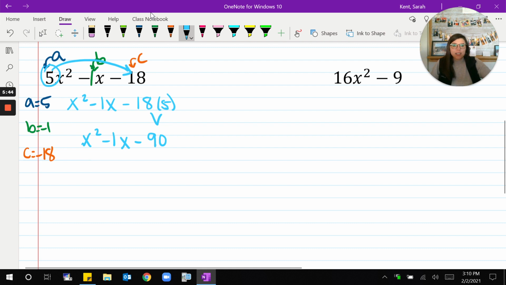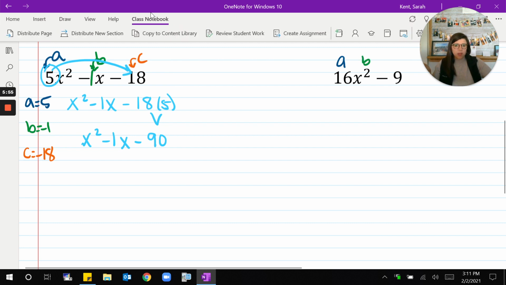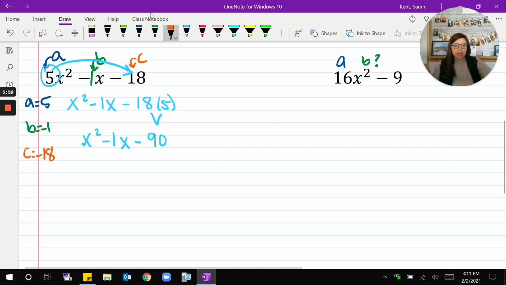All right, and then our last one, we want to look first for A, and then if we look, there is no B. I'm going to go B question mark, and then at the very end we have C. So I'm going to rewrite this so I can find my B. So I'm going to rewrite 16x squared.